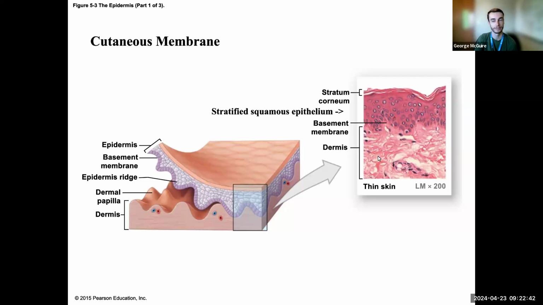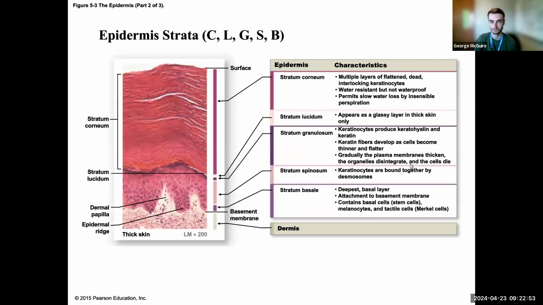And then, of course, our dermis with our two different types of connective tissue layers, our areolar tissue, making up the papillary layer, and our dense irregular connective tissue, making up the reticular layer. So let's start with the most superficial portion of our skin, which is that epidermis. And our epidermis is organized into 5 different layers, or strata.